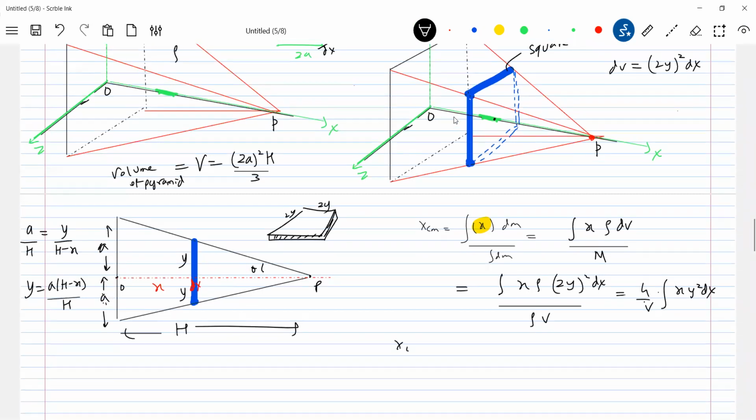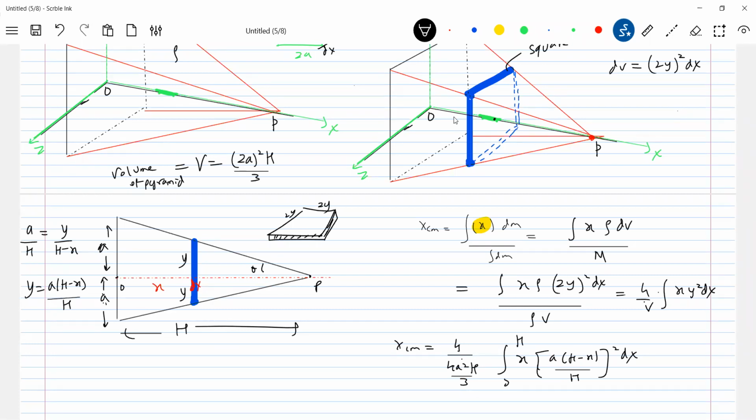So xcm is equal to 4, volume is how much? 4a square h by 3, integral of x, the value of y will be a (h minus x) by h, whole square dx, from 0 to h.